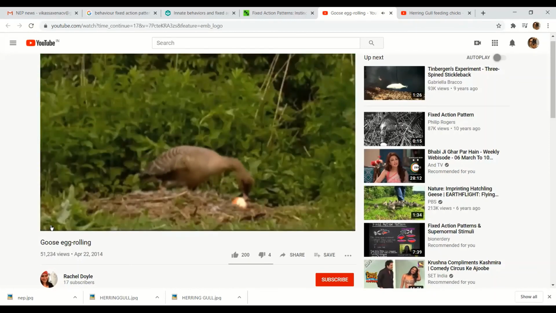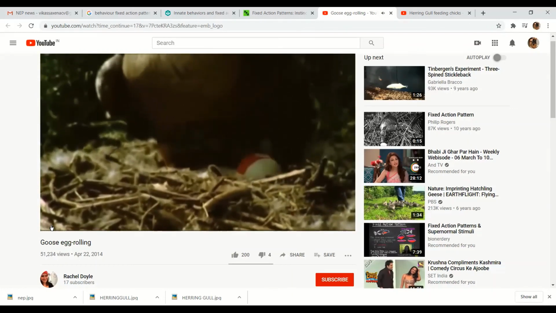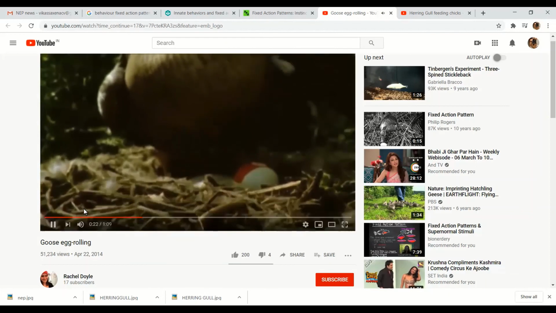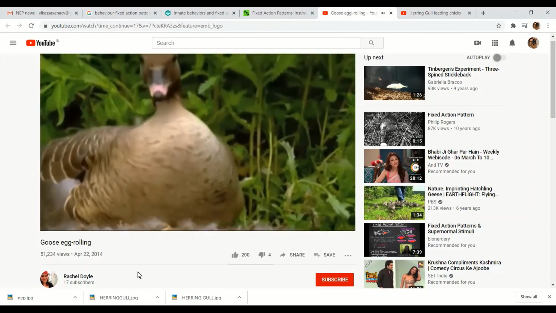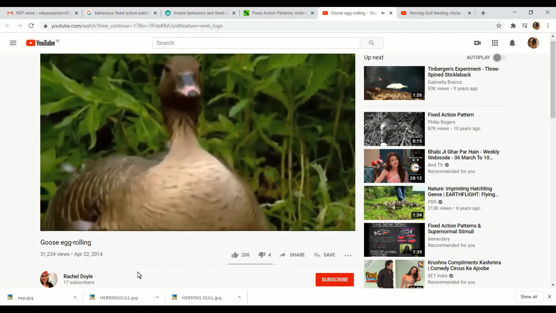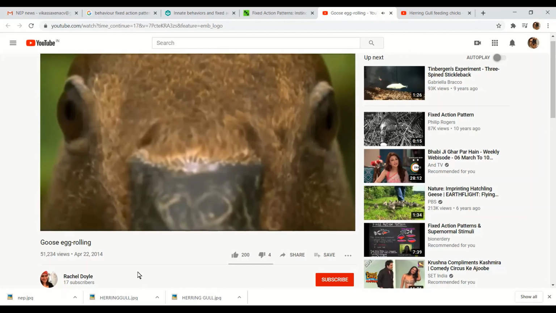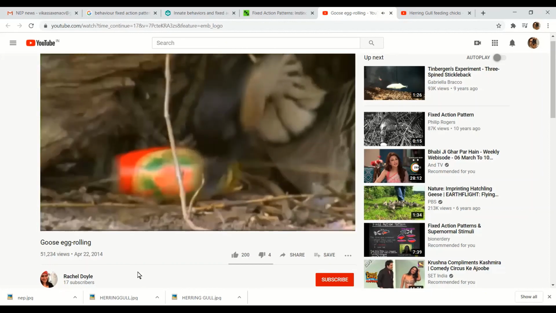The female is showing the same retrieval behavior. The egg has been pulled back by the female goose and she started incubating it. This is an example of fixed action pattern which was studied by Niko Tinbergen, goose egg rolling.